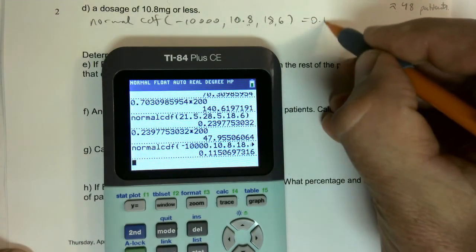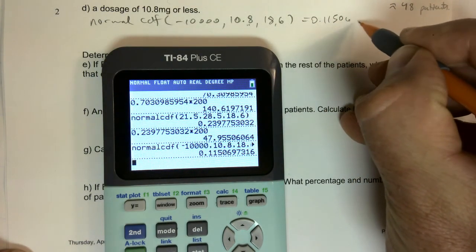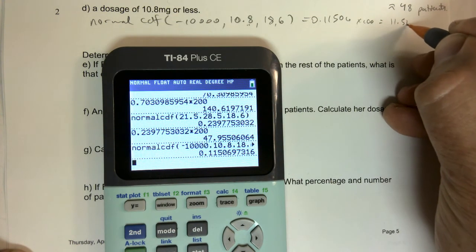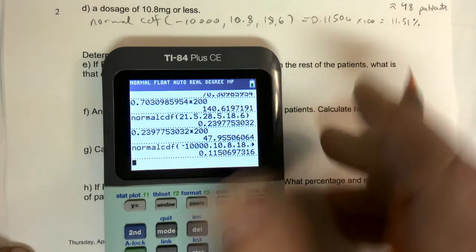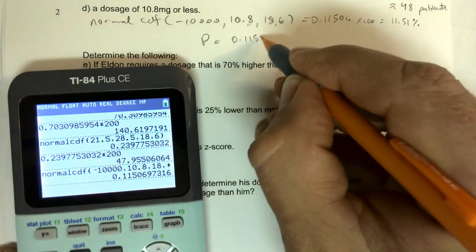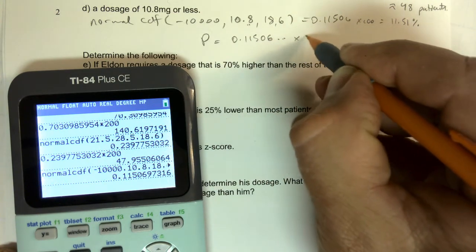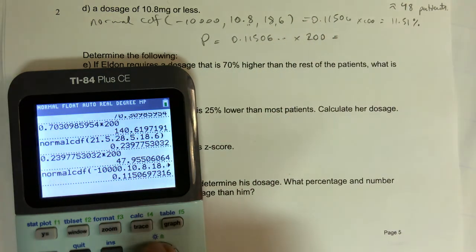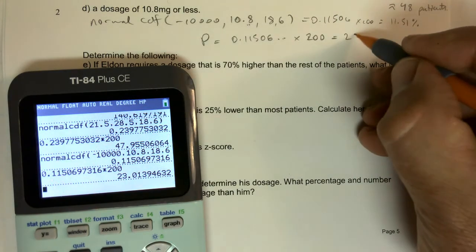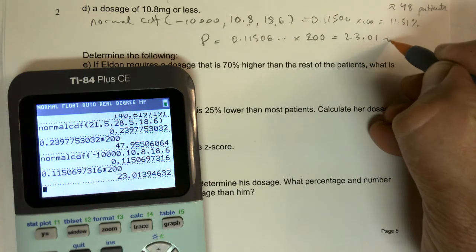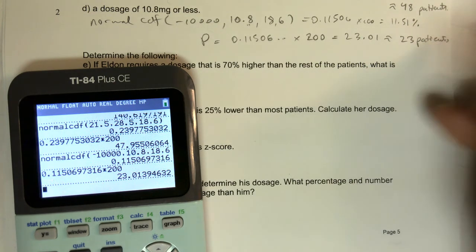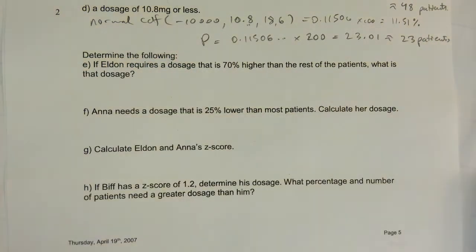And you get 0.1150 times 100 is 11.51%. And then patients would be 0.11506 times 200. That's 23.01, which is approximately 23 patients. Okay.